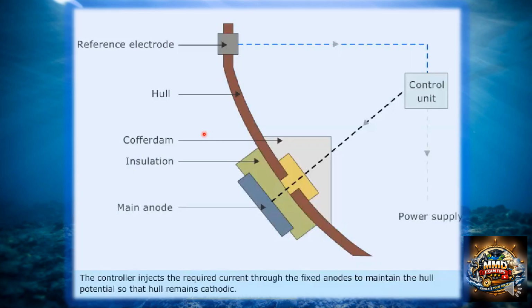Now in this diagram, I will explain whatever I have told you. This is the working principle of the ICCP. The reference electrode is there. The main function of the reference electrode is to measure the required electric potential for the hull. And this feedback is supplied to the control unit. The control unit's main function is to supply the required potential difference to the main anode, which is insulated from the ship's hull.